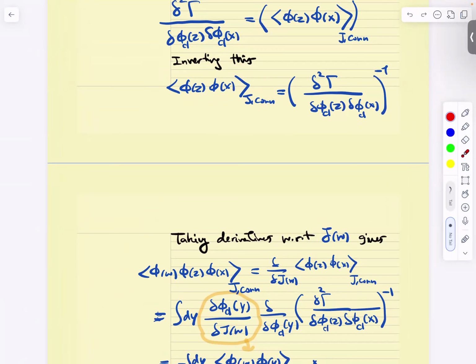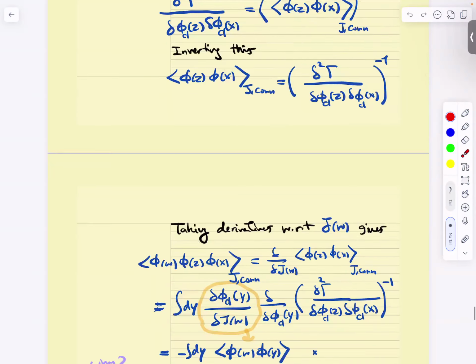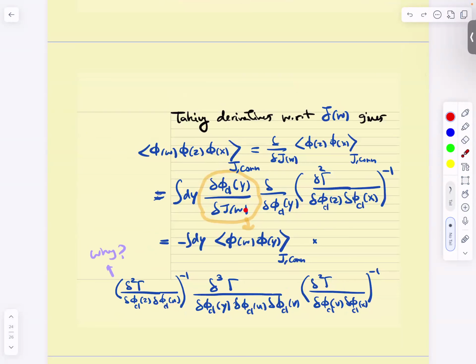right? That is del j of this expression. I'm going to insert del phi classical integral over y. Once again, I notice that this is a 2-point function, j connected, right? Good.